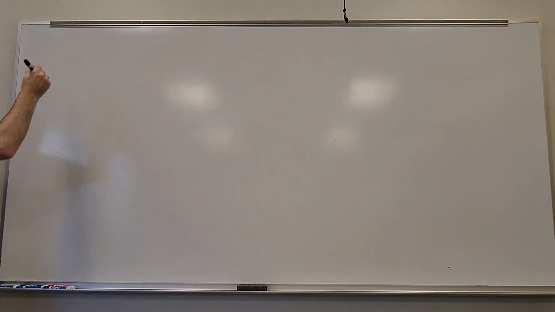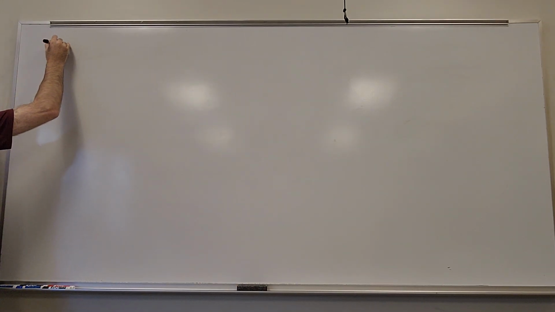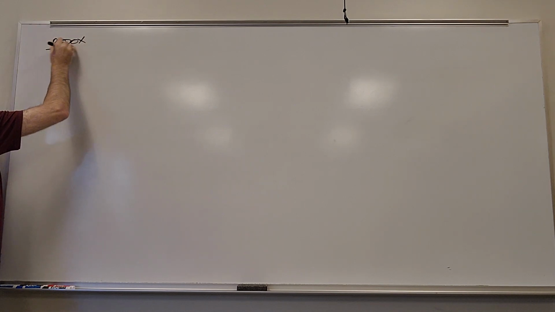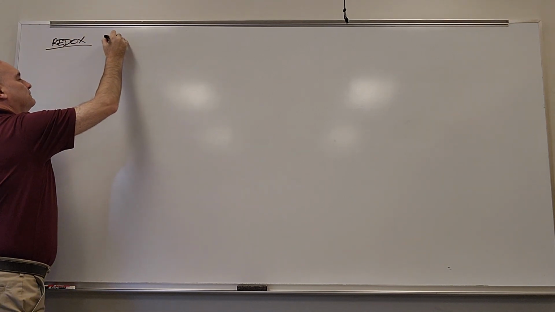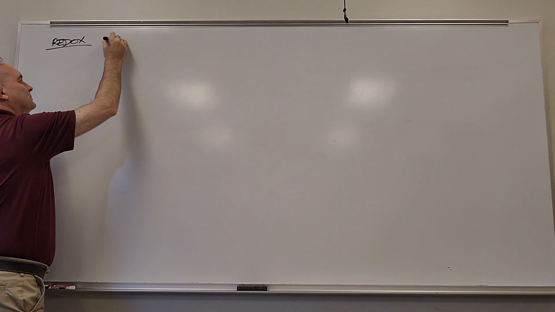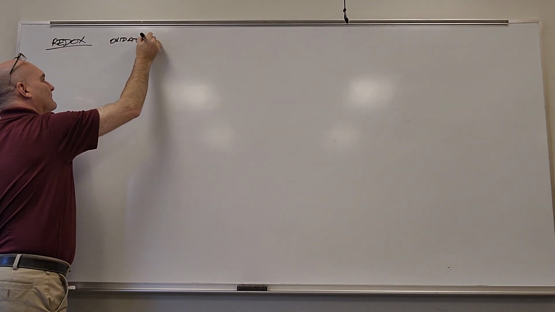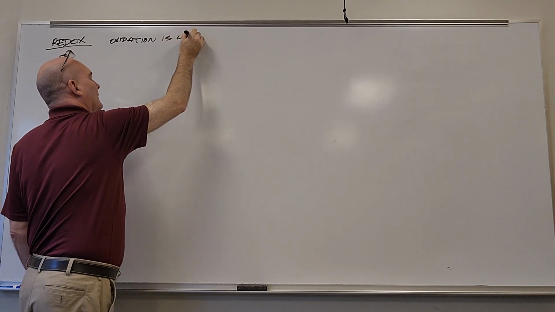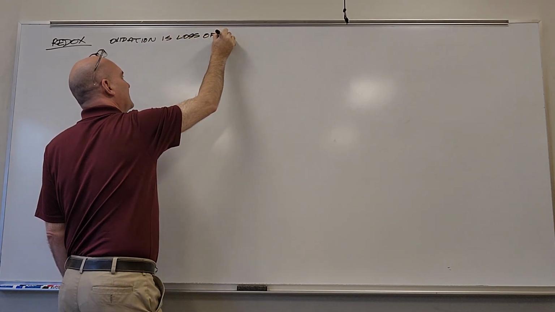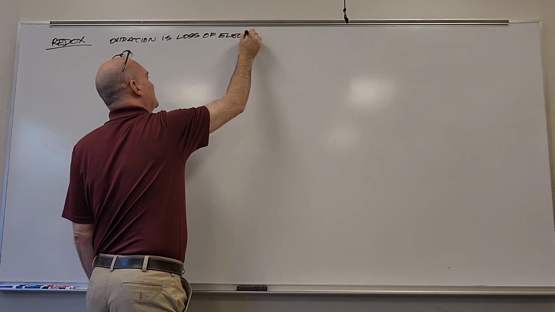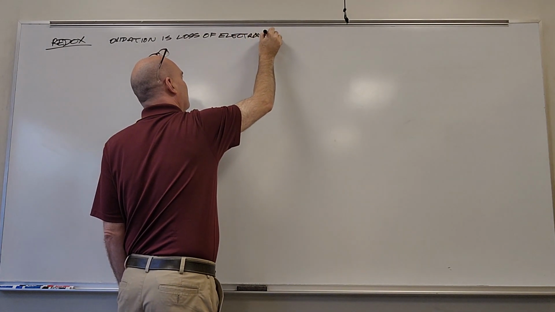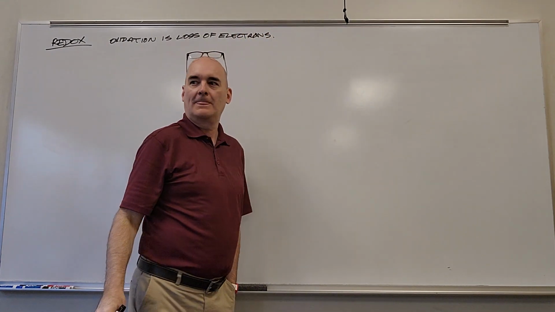Okay, let's go back and look at redox. What's oxidation? The loss of electrons. And we usually see that demonstrated by which side of the periodic table?